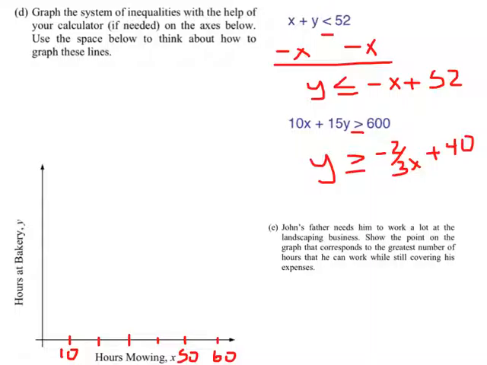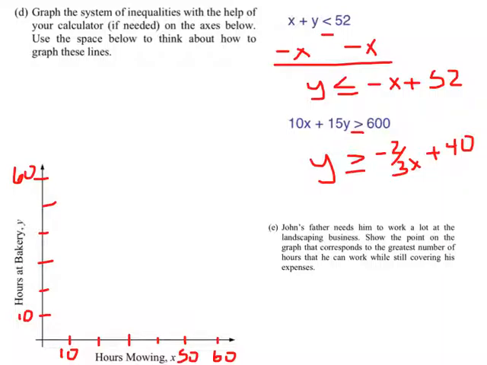Remember, he can go up to 52 hours, so that covers me if I go by 10s. And the other one was hours at the bakery, you could go the same way. You can go up by 10, 10, 20, 30, 40, 50, up to 60. We can really only go up to 52. So that's hours at the bakery.